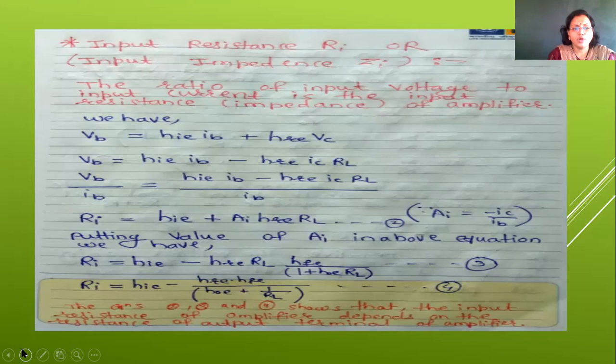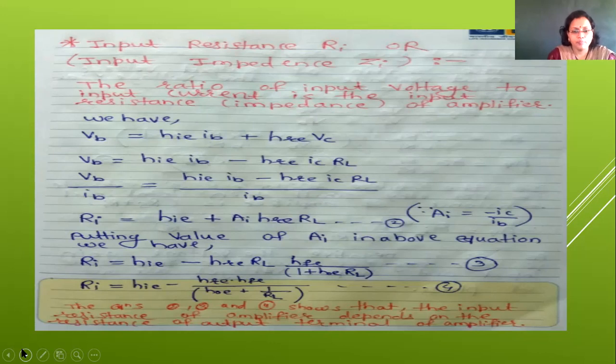So VB is equal to HIE IB minus HRE IC into RL. So VB upon IB is equal to HIE IB minus HRE IC into RL upon IB.